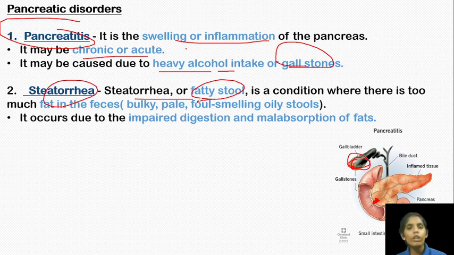And as a result, what happens? All the lipids present in the food will be excreted out in the feces, resulting in an oily appearance of the feces. So if the feces appear oily, that means the pancreas is not functioning properly or is not properly releasing the pancreatic lipase enzyme.